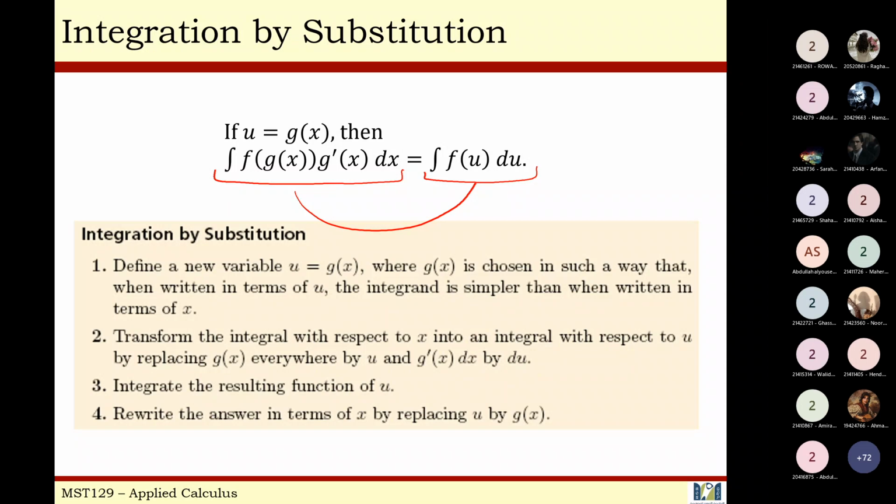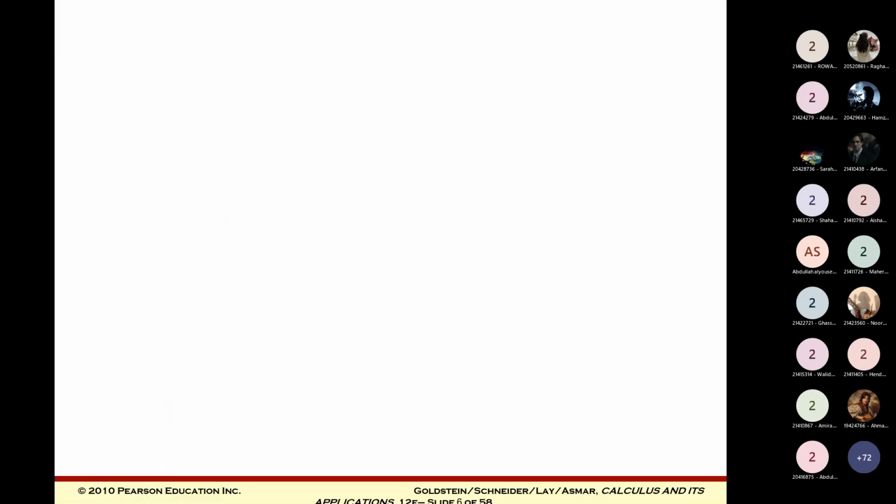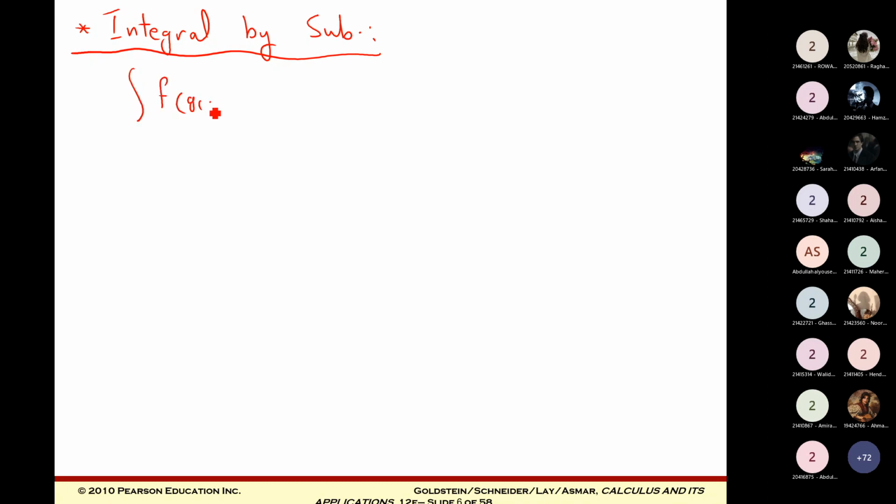How can we convert this one? By doing some techniques. So, integral by substitution. Firstly, we have the integral of f composite g of x multiplied by g prime of x.